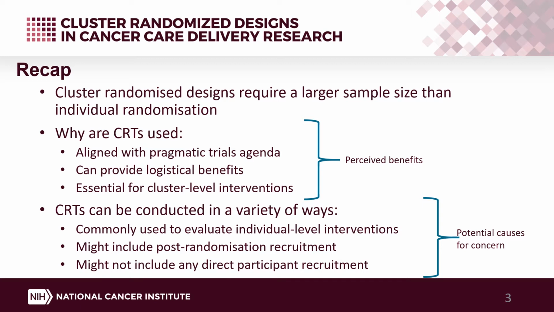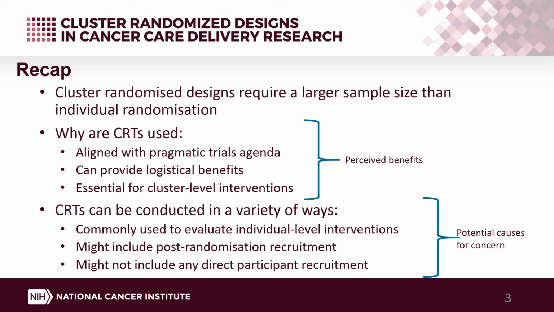So they're aligned with the pragmatic trials agenda, they can provide logistical benefits, and they're essential when we are evaluating cluster level interventions. So those are the reasons why cluster randomized trials are used in evidence-based medicine, despite the fact that they need a larger sample size than individually randomized trials.